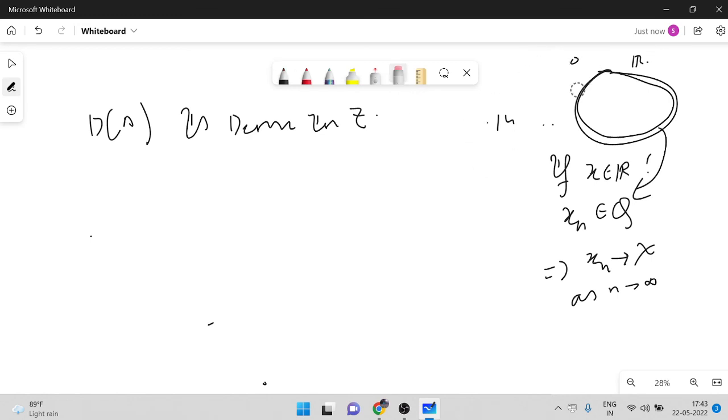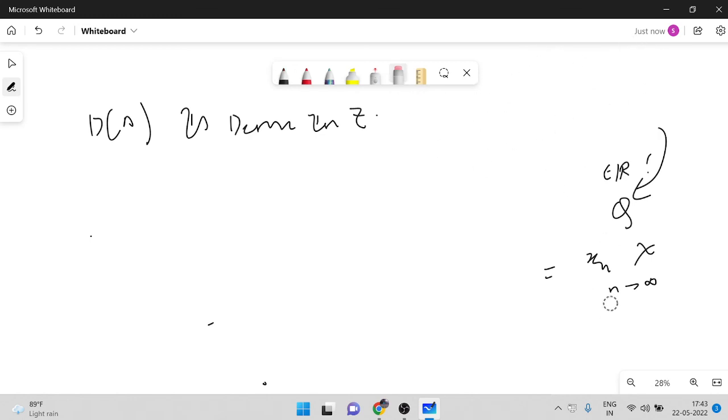Similarly, all the elements in the domain of A can approximate any element in the overlying Hilbert space. This is something I'll just state as a property.